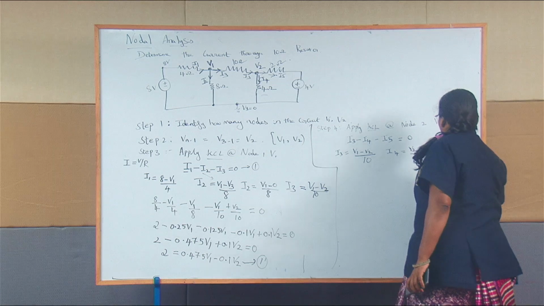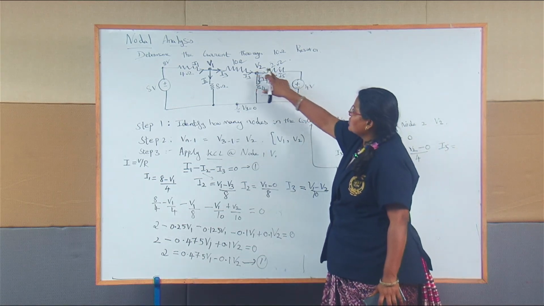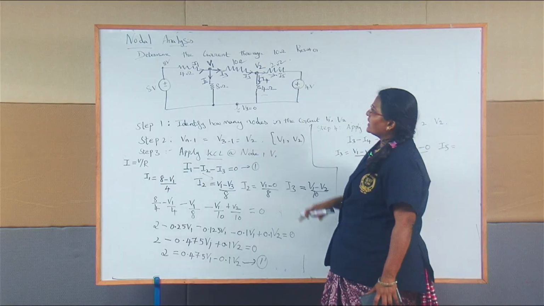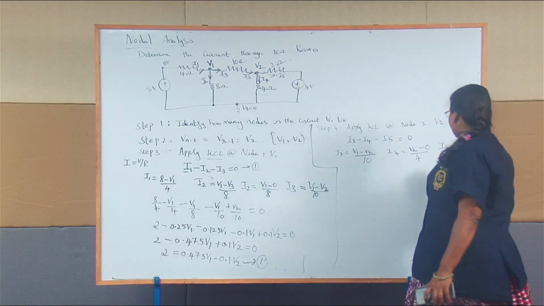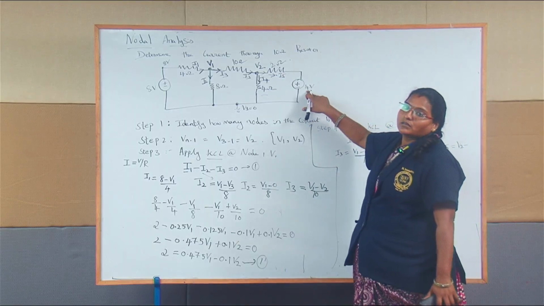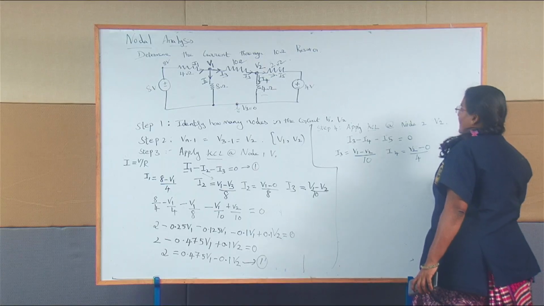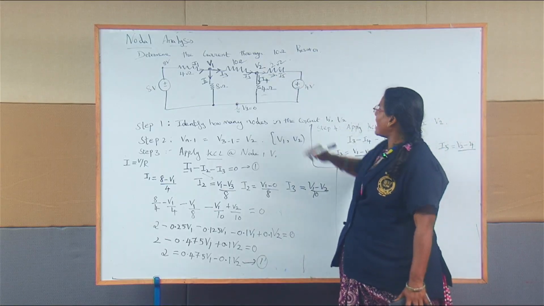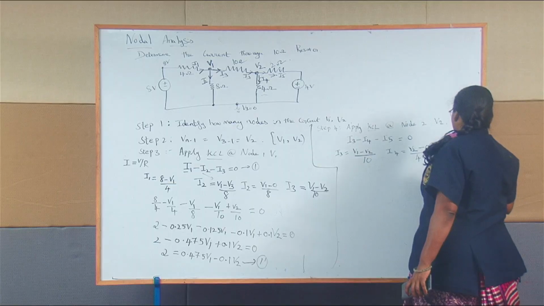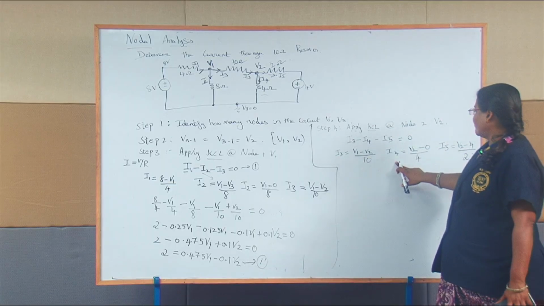Then I5. For I5, the entering voltage is V2 and here also one source voltage is there. So, V2 minus this source voltage as 4. So, V2 minus 4 divided by this resistance as 2. So, now I know what is I3, I4, I5.